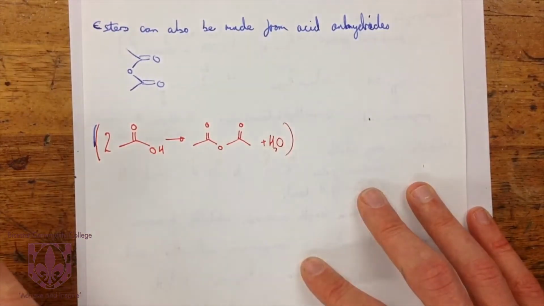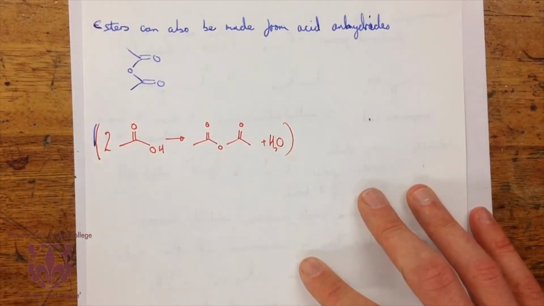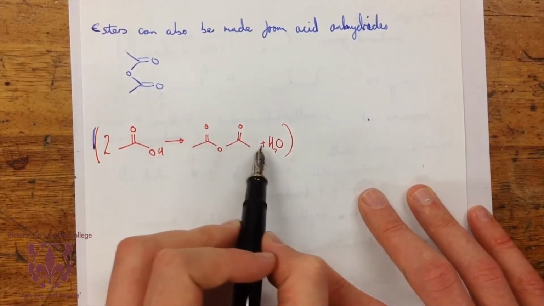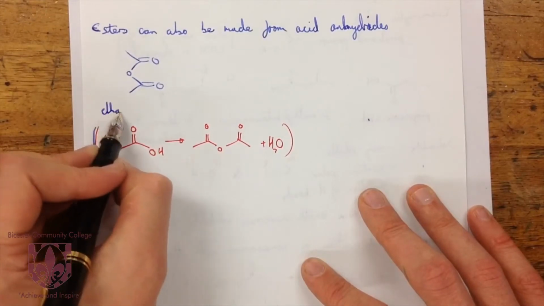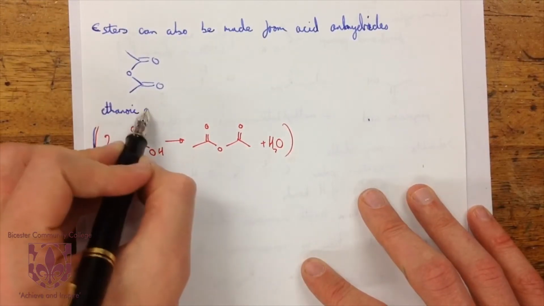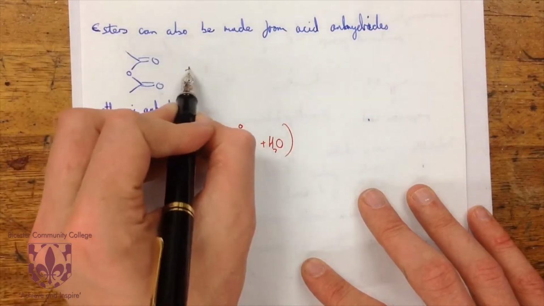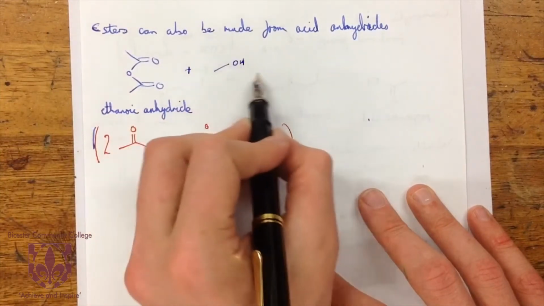So anhydride, you've kind of got anhydrous a bit in there from the anhydride, meaning without water. So you've got your two acid molecules reacting and giving off water, okay? So this is ethanoic anhydride because they've each got two. And we can react this with, say, methanol.